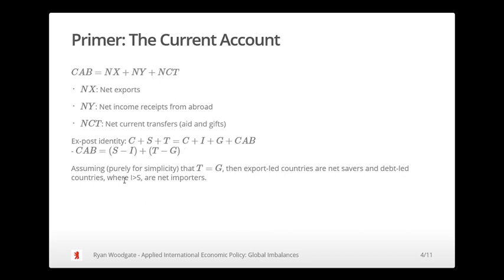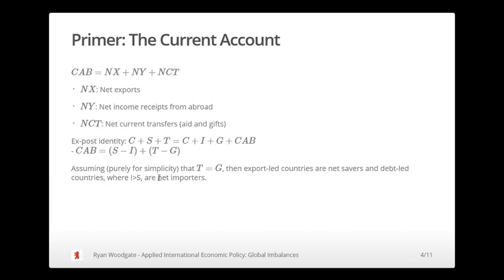On the other hand, if investment is greater than saving, as in the case of debt-led countries, then it simply implies that net exports must be negative, or the sum of these three terms must be negative. Typically, though, because net exports is the dominant component of the current account balance, these two terms are nearly interchangeable, although realistically they are not.